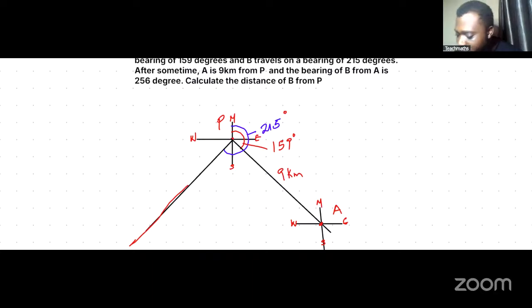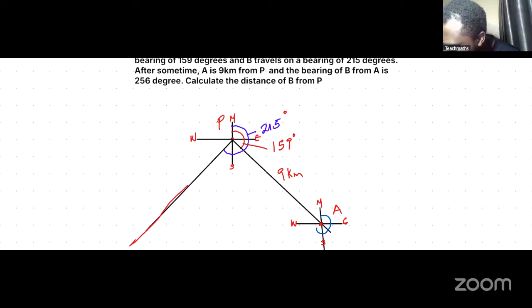To identify B, you start from A, 256. So I'm going to start from here, 90, 180, 256 should be something close to 270. So we're just going to pick a straight line. I'm going to have something like this.